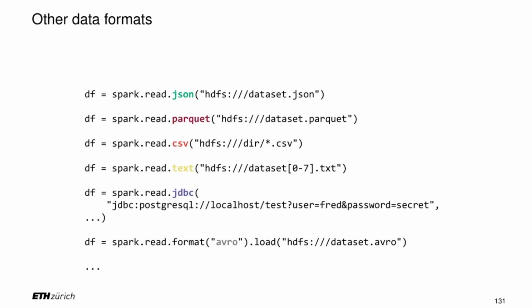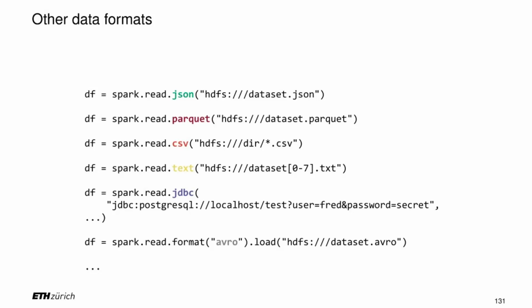JDBC is a connector to relational database systems. So yes, absolutely, you can get Spark to connect to PostgreSQL, the same one we've seen in Information Systems for Engineers that we've used in the SQL brush-up. So you can connect Spark to PostgreSQL. It will look at a PostgreSQL table as a data frame. So that's really beautiful. And then you have also Avro, many other formats.